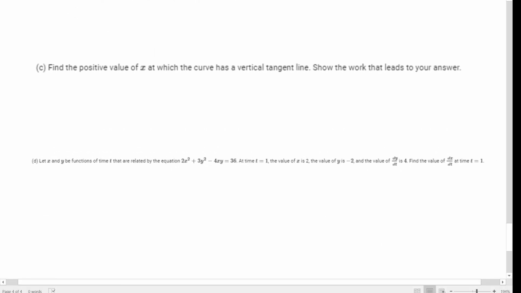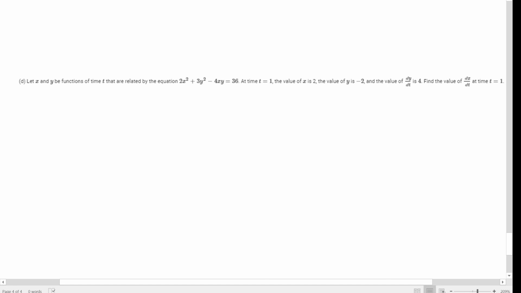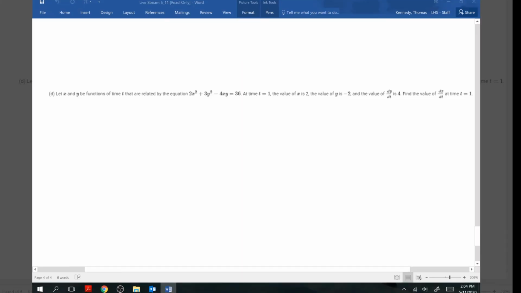The bottom one says, let x and y be functions of time such that, the same equation. And this is our boy related rates coming back in full form. Instead of just a normal implicit differentiation question, we have a related rates question because both y and x are changing with respect to time.